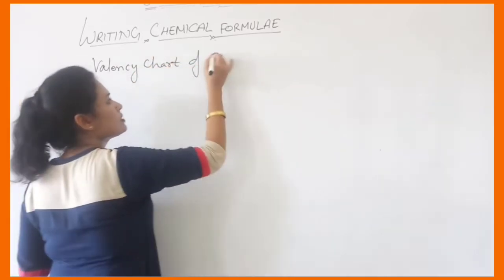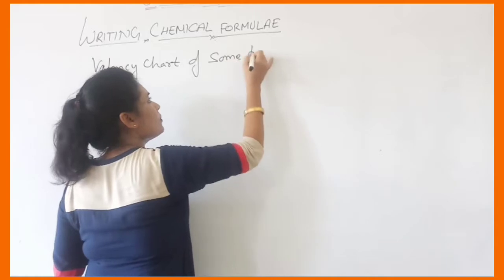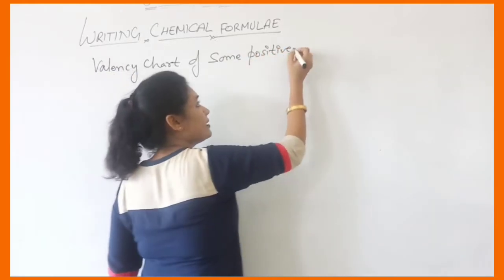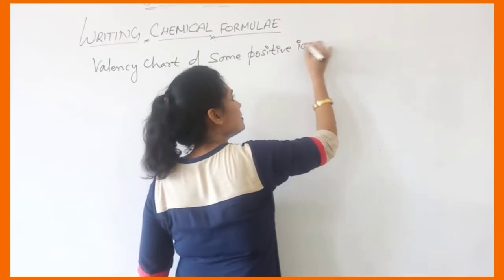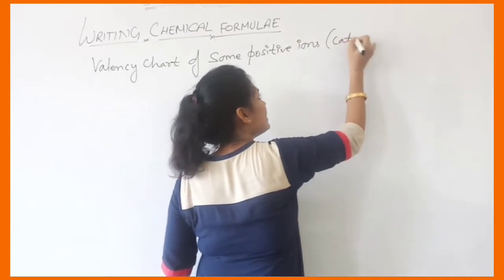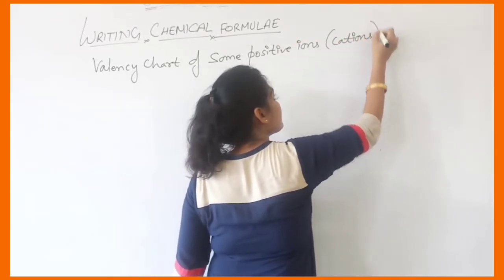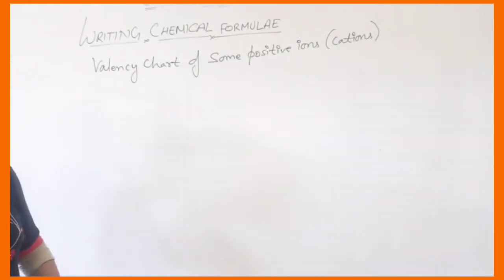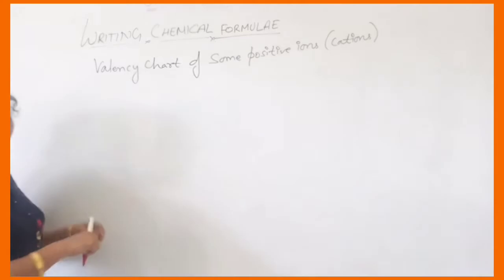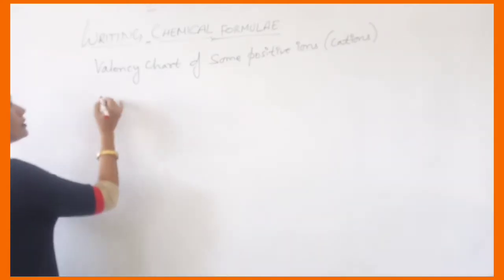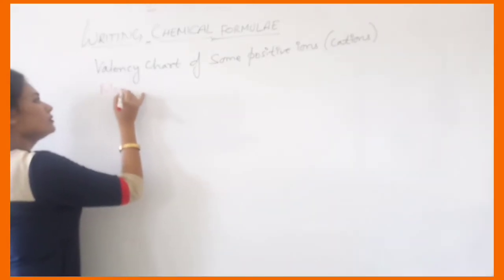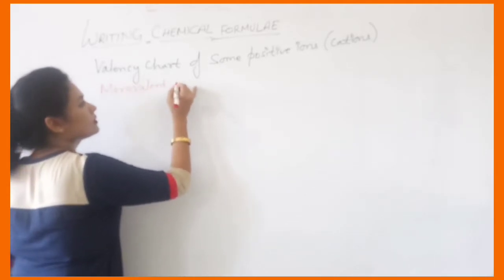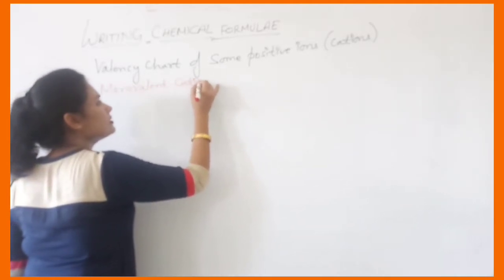of some positive ions. What are positive ions? Positive ions are known as cations. First we will write the monovalent cations.